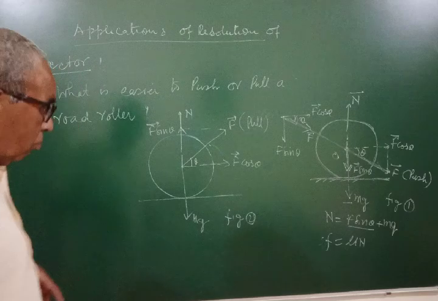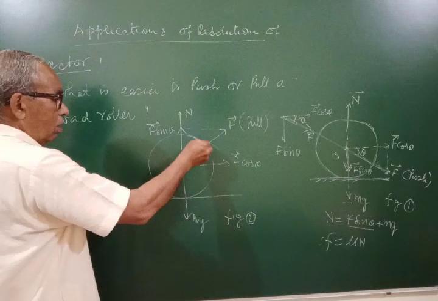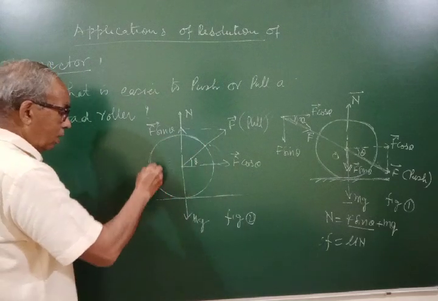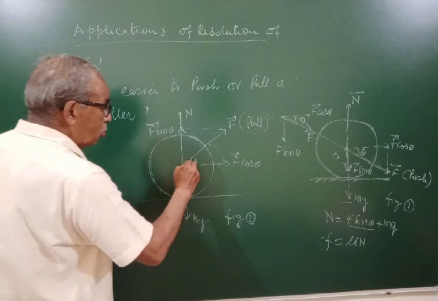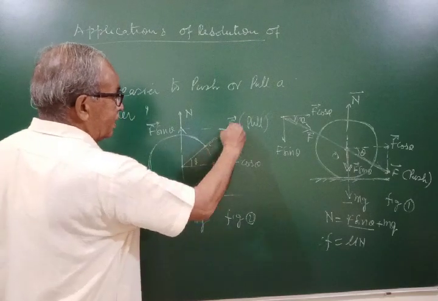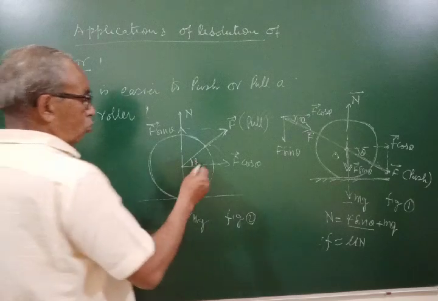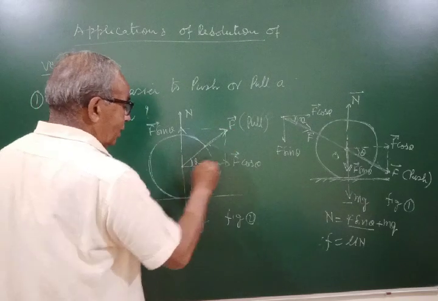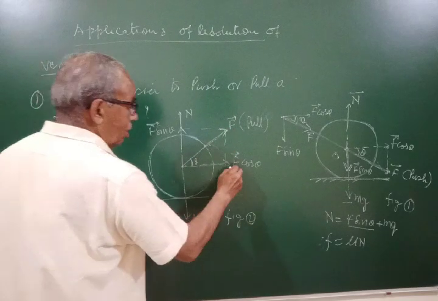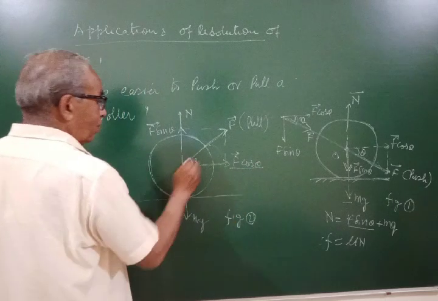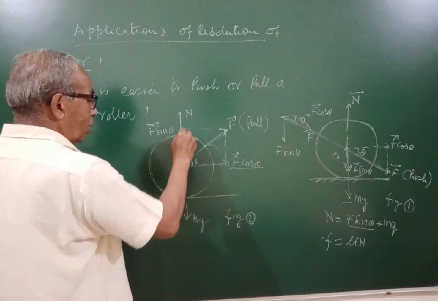In figure 1, if we come here, again the same roller is there and the same force I have applied to pull it, making angle theta with the horizontal. Now this is the base, so this component is F cos theta, and this perpendicular component is F sin theta.